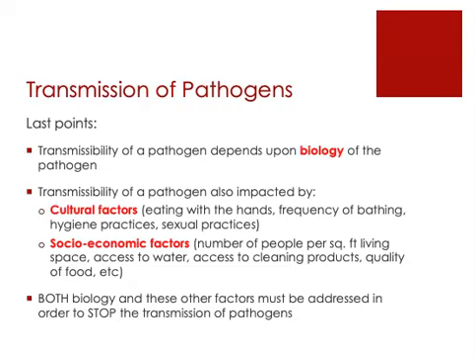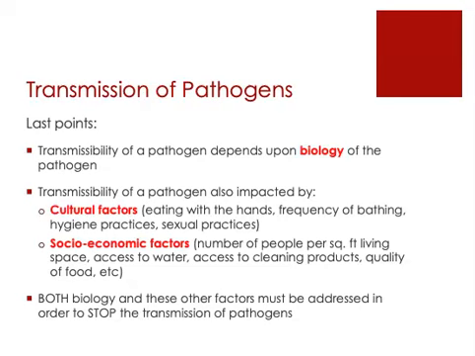But it's important that we remember that transmissibility of a pathogen is also impacted by things that have nothing to do with biology. I'm talking about cultural factors and socioeconomic factors.